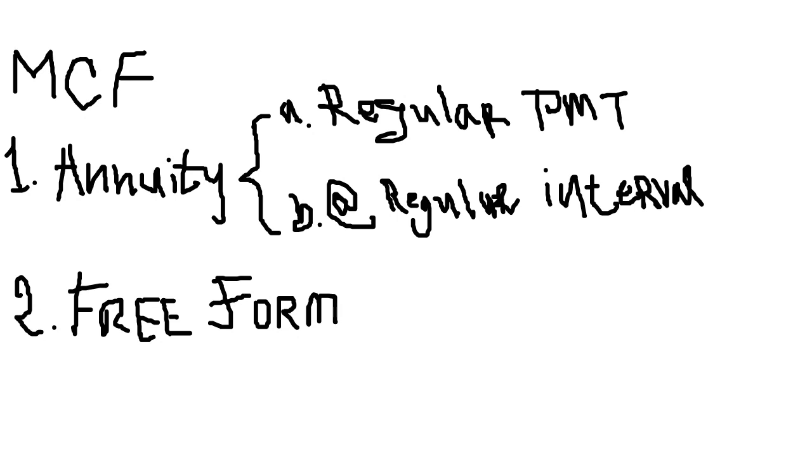Once I switch, it makes it very hard to quickly switch back and forth. So let me start with the annuity. We're going to look at an example later, but you can think of a loan from the bank.